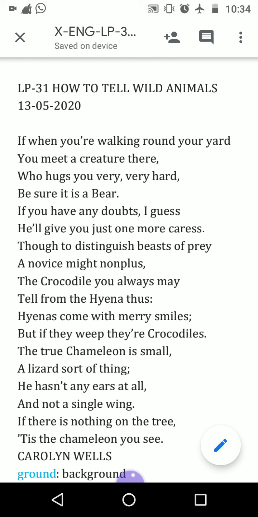This is the hallmark, the trait of a bear, that whenever a bear sees a human being, it embraces, it hugs.